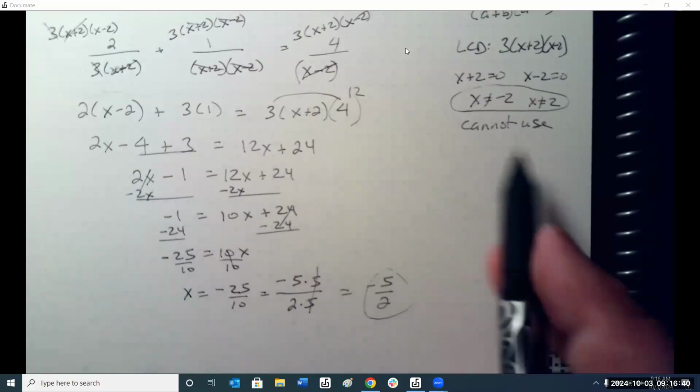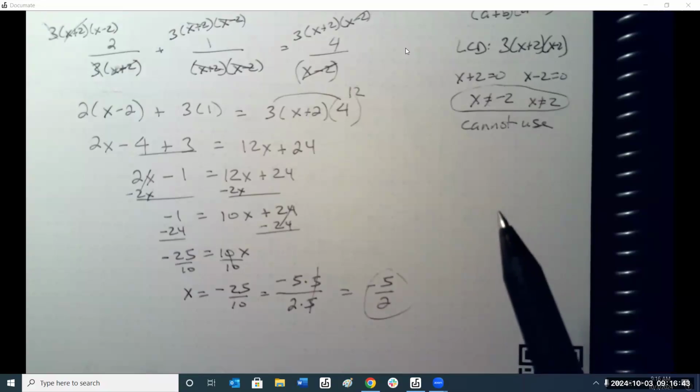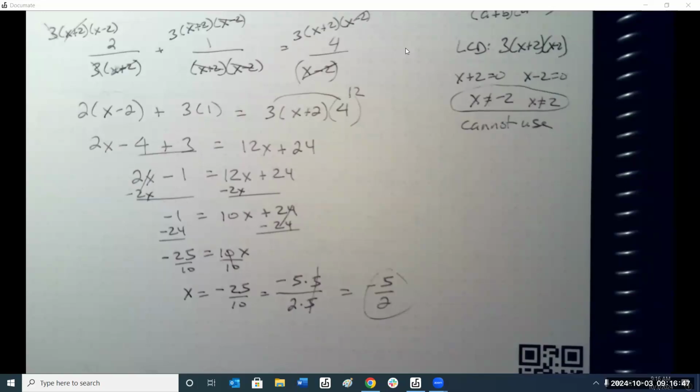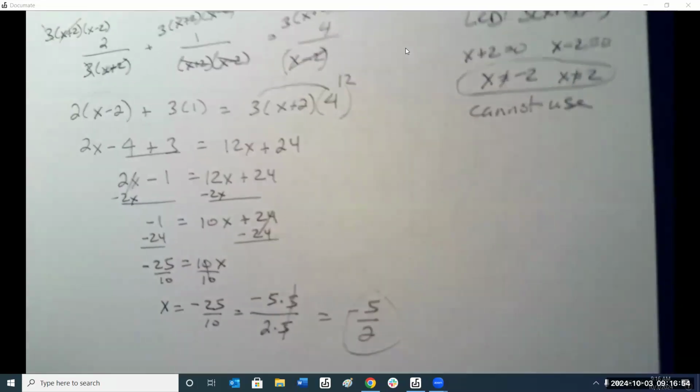And since it's not one of the numbers I can't use, it's a legitimate answer. Okay, so those are rational equations, fractions. Now things change a little bit when we have radicals.